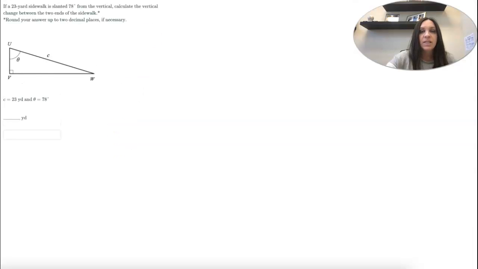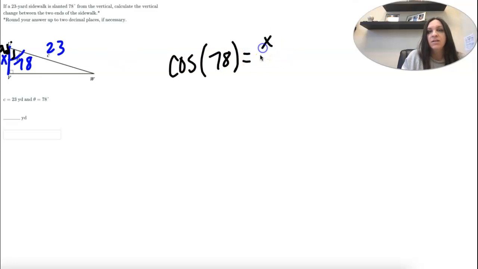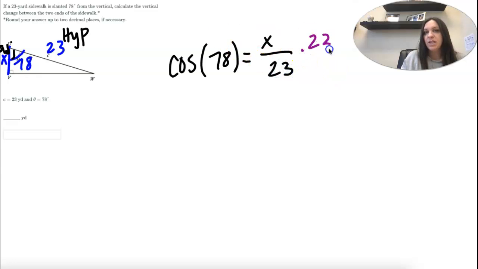So this one's the same question. We just have different angles. So this time we have 23, our theta is 78, and we're trying to find x. So again, it's cosine of the angle because we were trying to find the adjacent, and we know the hypotenuse. So times both sides by the denominator.